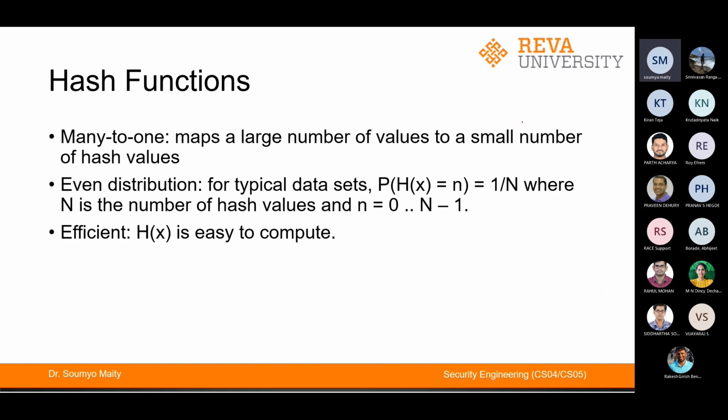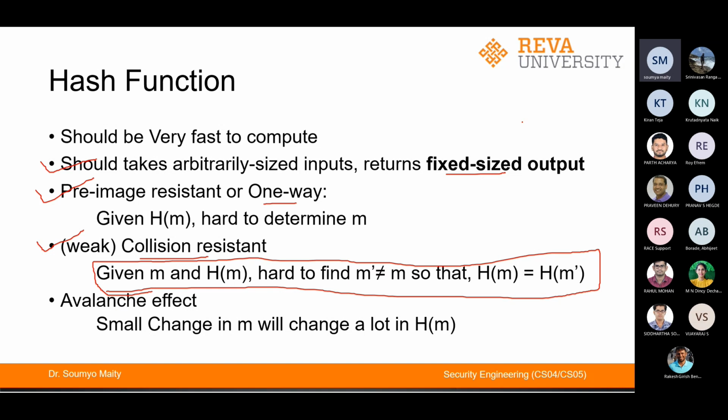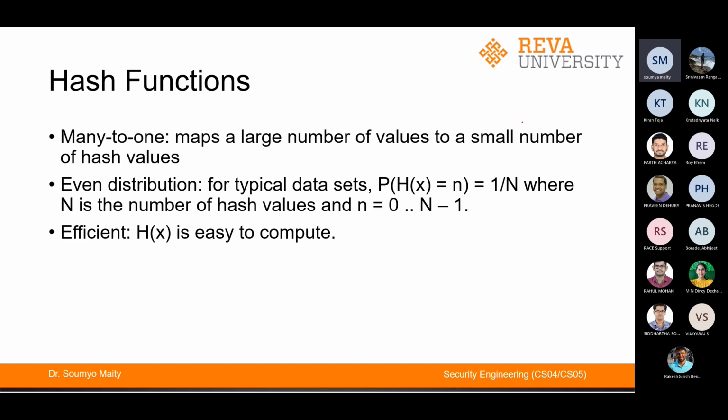This is a little bit in mathematical terms. We sometimes call it a many-to-one mapping. We understand that the input might be anything and the output will be a fixed length. That means it is always a many-to-one mapping, that is, two different values can have the same hash value. There is even distribution: if it is collision resistant, we can prove that the output will always be evenly distributed.